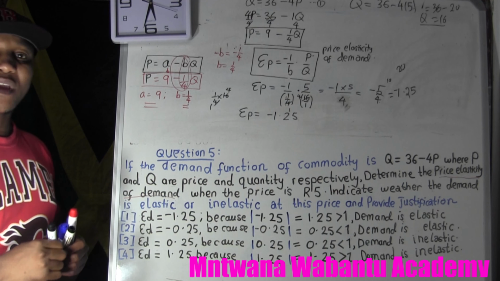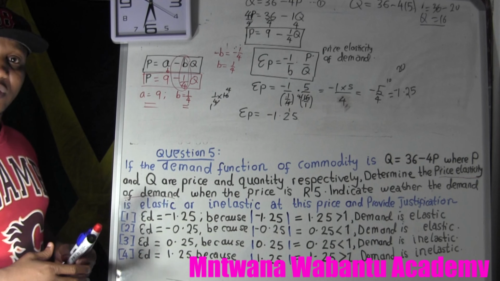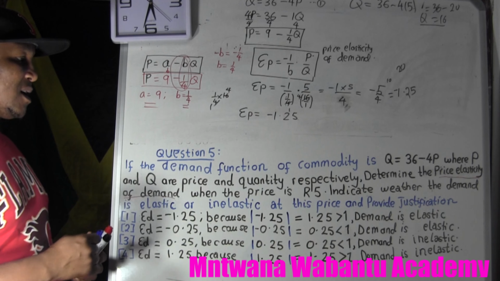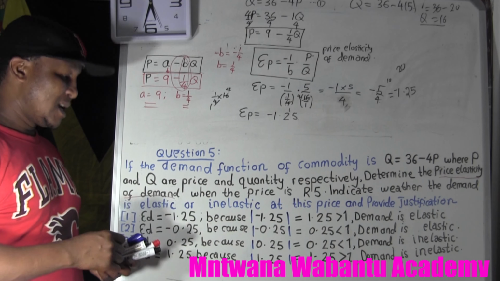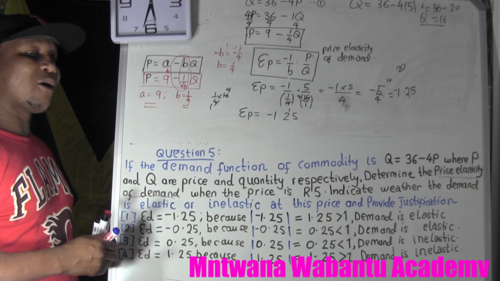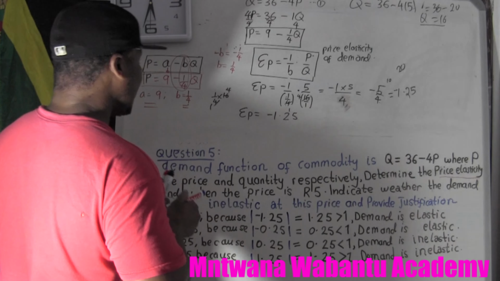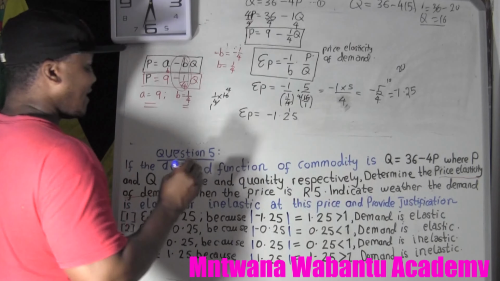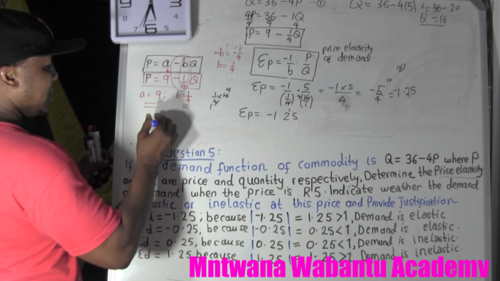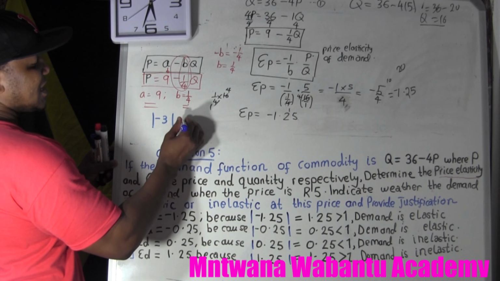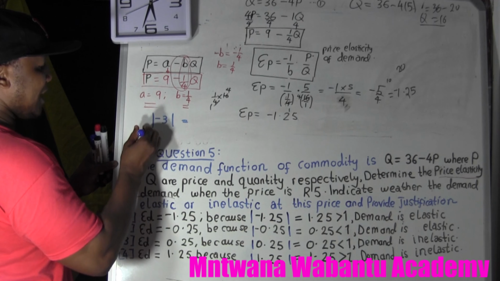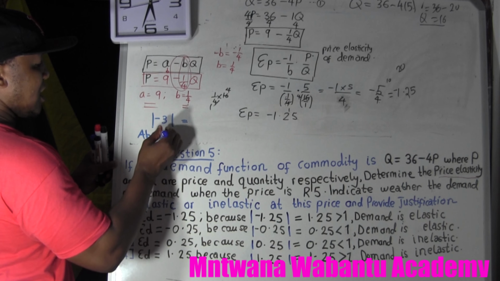But we can just write this as an absolute. Why? Because we want to see if it's going to be elastic or inelastic. So how are we going to know that? This is more mathematics now. If somebody gives, let's say, negative 3, and then you put absolute.